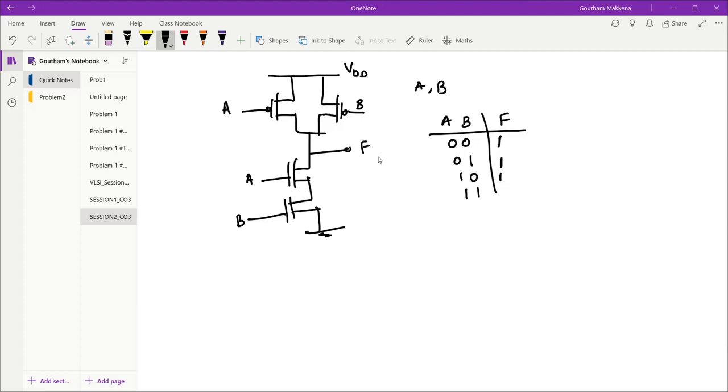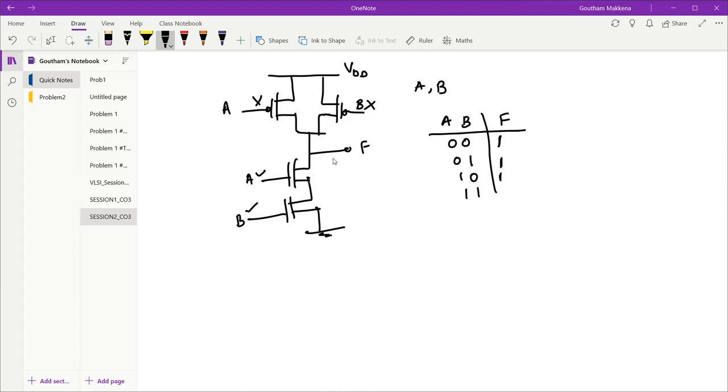Okay, see now what happens when both are 1 1. When A is 1, this is on because this is NMOS. When B is equal to 1, this is also on because it is NMOS. And when both these are 1, there is a clear path from F to ground. Similarly, what is happening at the pull-up network? Because A is 1, this is cut off, B is 1, this is also cut off. Okay, so there is no path from F to VDD.